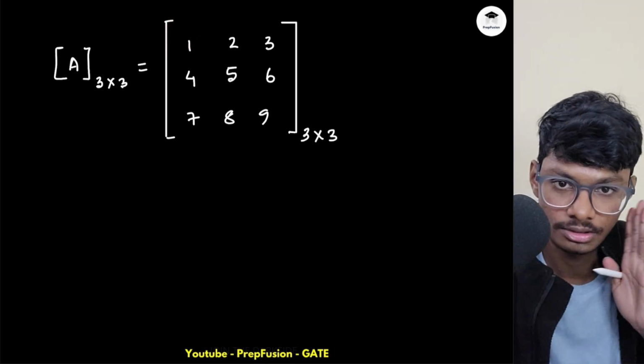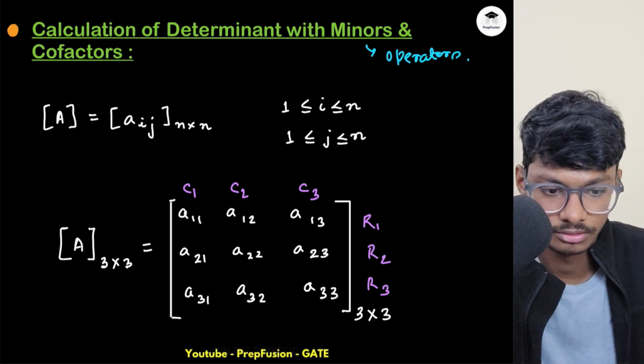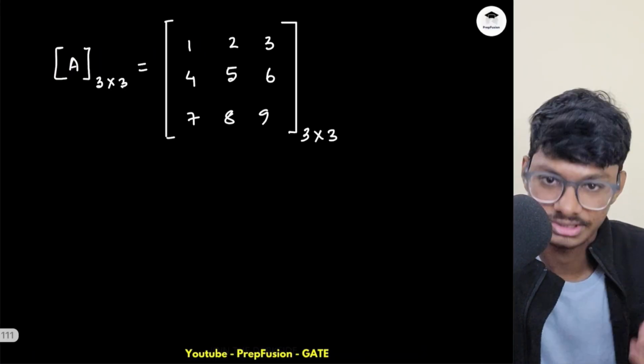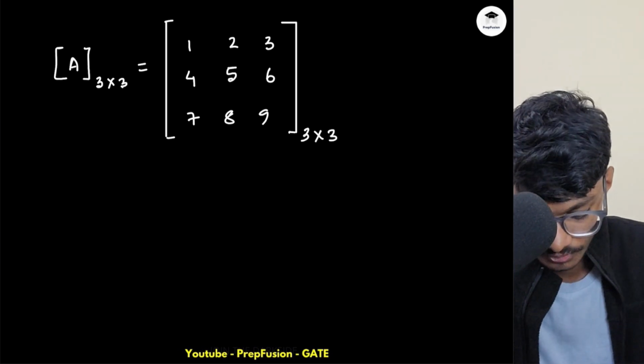So let's find the minor corresponding to element A12. From there I will obviously say the formula, but let's do it with one example. We have already been doing this, but still.